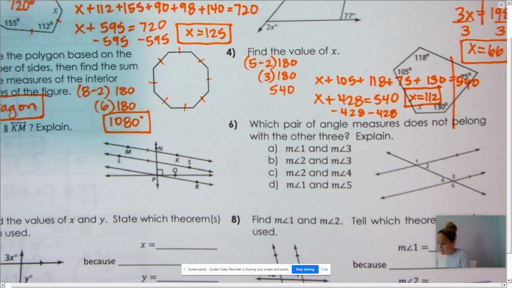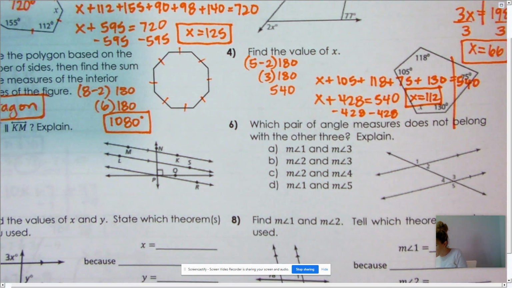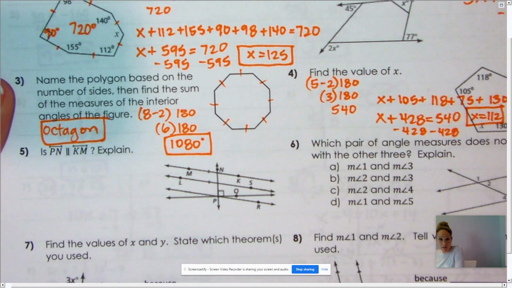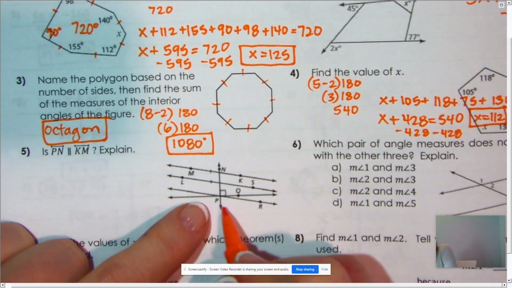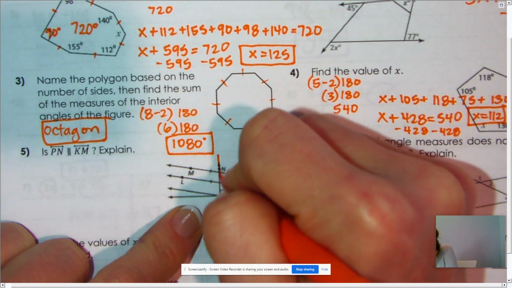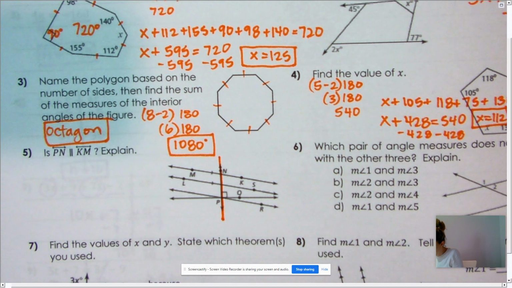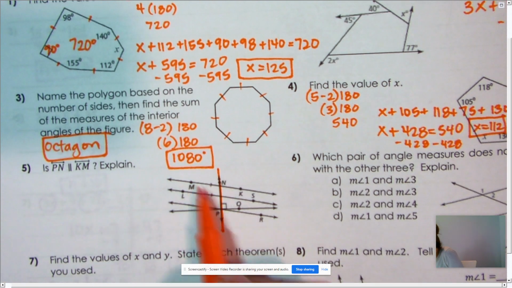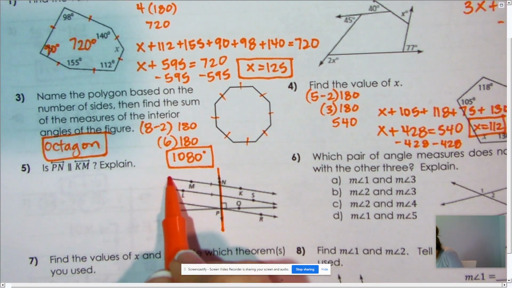Question number 5, it's asking, is PN parallel to KM? So the first thing you want to do is kind of highlight what it's talking about. So I'm going to find P and N. Okay, so that's a line that passes from P to N. And then I'm going to find the line from K to M. So K to M would be this line.